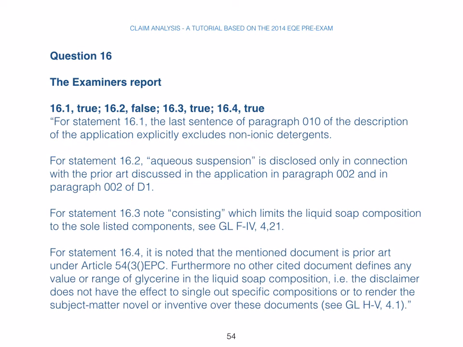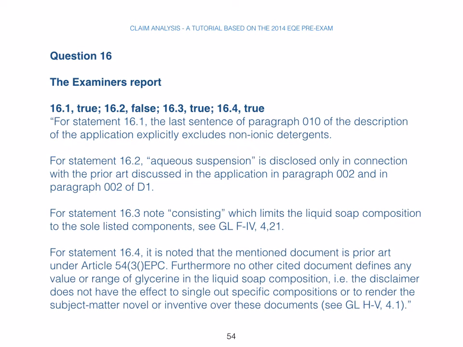For statement 16.3, note consisting, which limits the liquid soap composition to the sole listed components, see guidelines F4 4.21. For statement 16.4, it is noted that the mentioned document is prior art under Article 54.3 EPC.